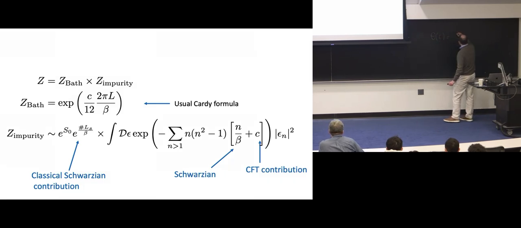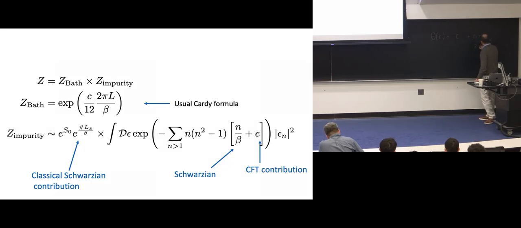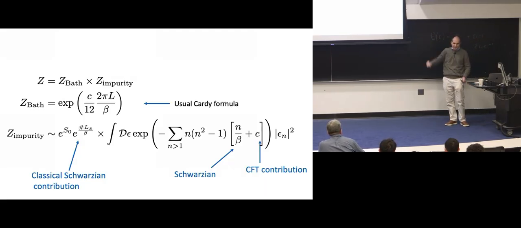We're going to take a function that is essentially time over beta, plus some epsilon of time. Then we expand this in Fourier modes, epsilon_n e^{i n tau}, and we expand to quadratic order in epsilon. That's this formula. That's the result.